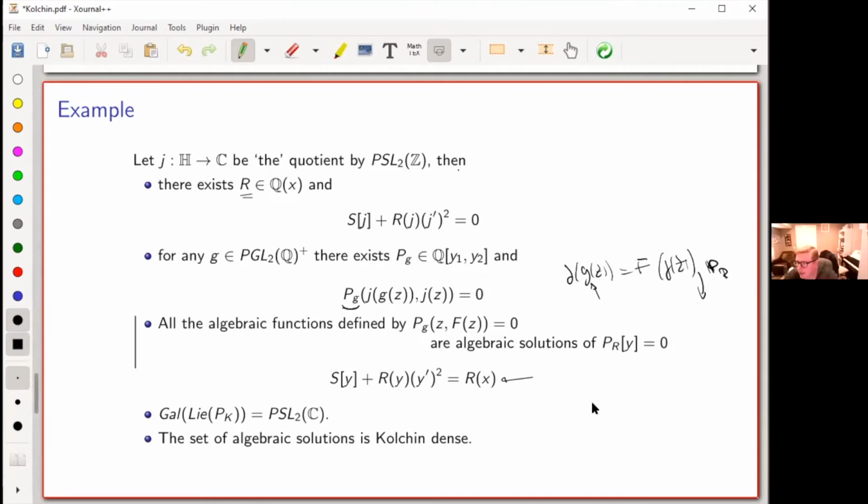Yeah, but I have some question. Maybe I don't understand. Maybe I missed some of the notation. So where are these solutions? These are algebraic over J of Z, or no? These F are just algebraic functions over Q. They are polynomial in this.